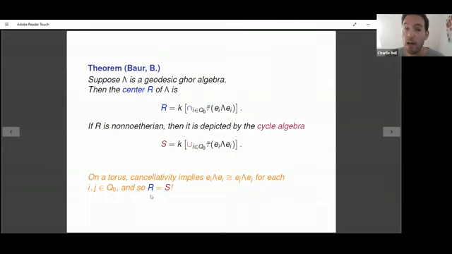So for a geodesic Gorenstein algebra on a torus, R and S are equal. But as you go to higher genus surfaces, this is really due to the curvature, that the surface has non-zero curvature, R and S separate, and we'll see how they interact in just a second.